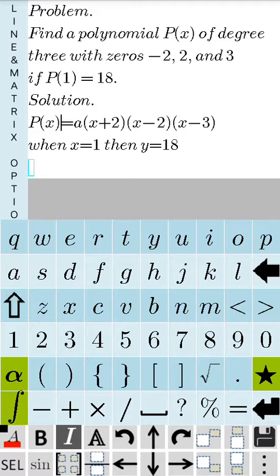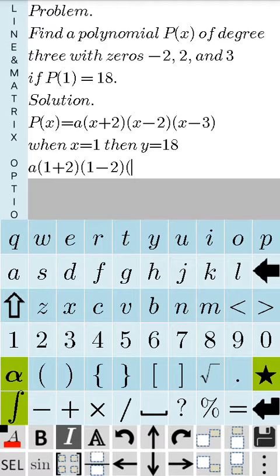It would be tempting to say that the leading coefficient is 1, but if you substitute 1 for x, so let's do that. We have 1 plus 2, 1 minus 2. Let's just do this slowly to avoid errors.